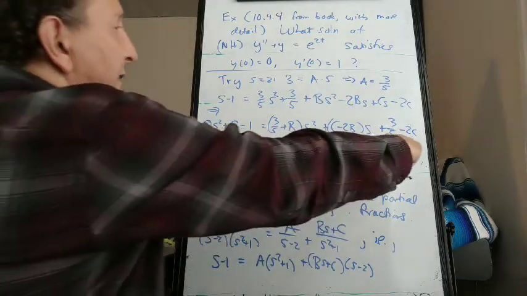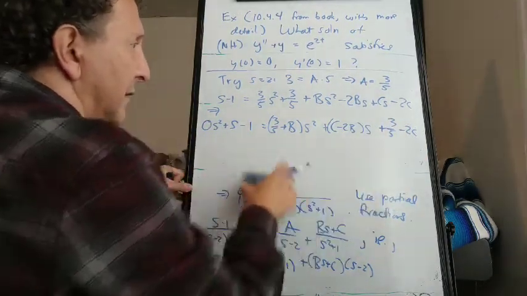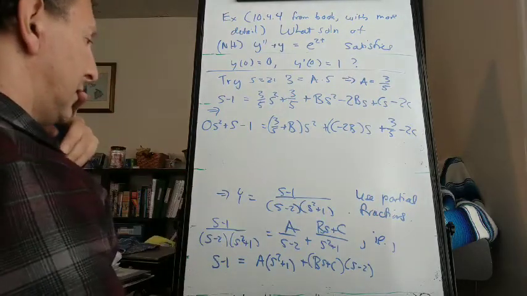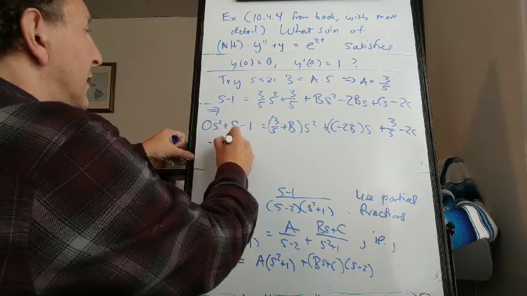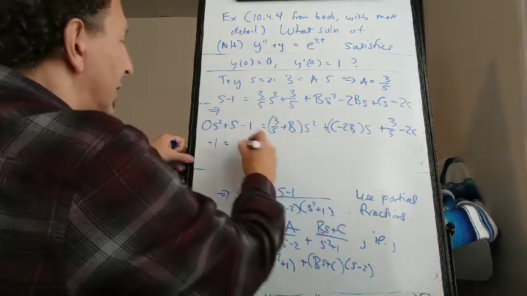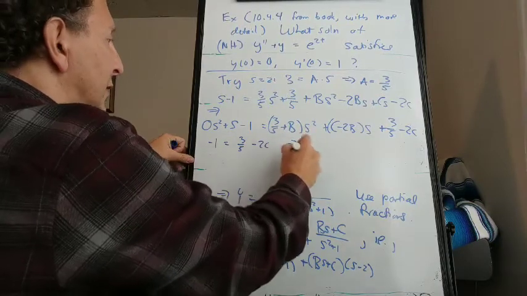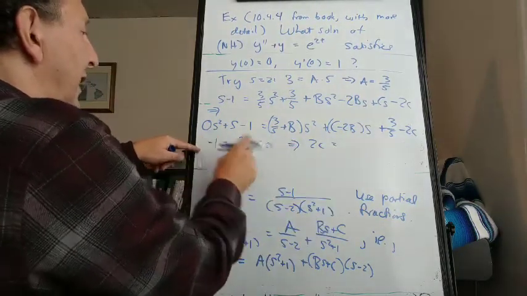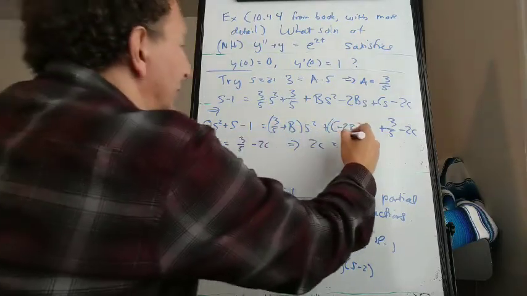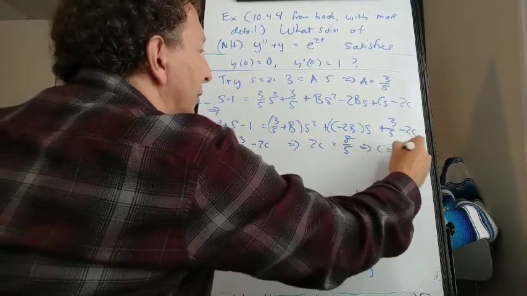Alright, so if we compare constants, we only have one unknown, so that's going to be easy. So we have minus 1 equals 3/5 minus 2c, which means that 2c equals, if we put that on the left and then add 1 on the right, 2c equals 8/5, which means that c equals 4/5.